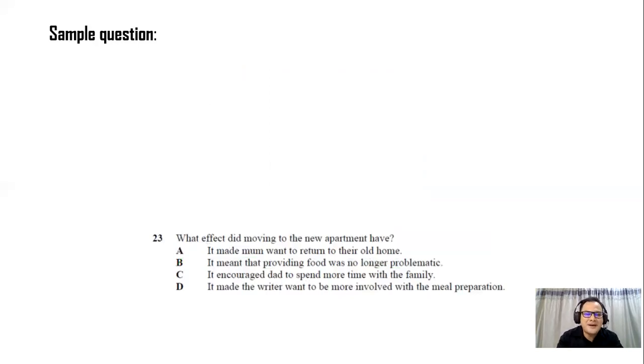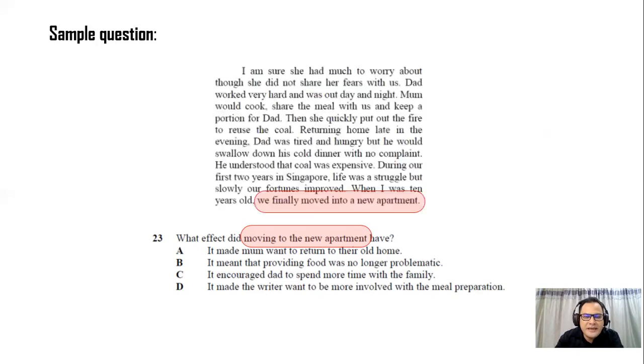Okay, question number 23. What effect did moving to the new apartment have? If we look at question number 23, it doesn't mention which paragraph the information is located in. So what you have to do here is locate the information by identifying the key phrase, "moving to the new apartment," which is found in paragraph 5.